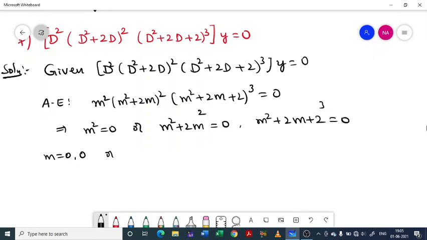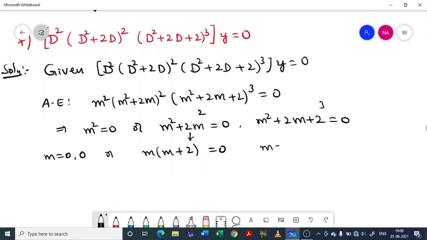And if you come to this, (m square plus 2m) whole square equal to 0, that is m square plus 2m equal to 0 with multiplicity twice. So that implies m times (m plus 2) equal to 0, right? Yes, this is written like this. m square plus 2m plus 2 equal to 0.